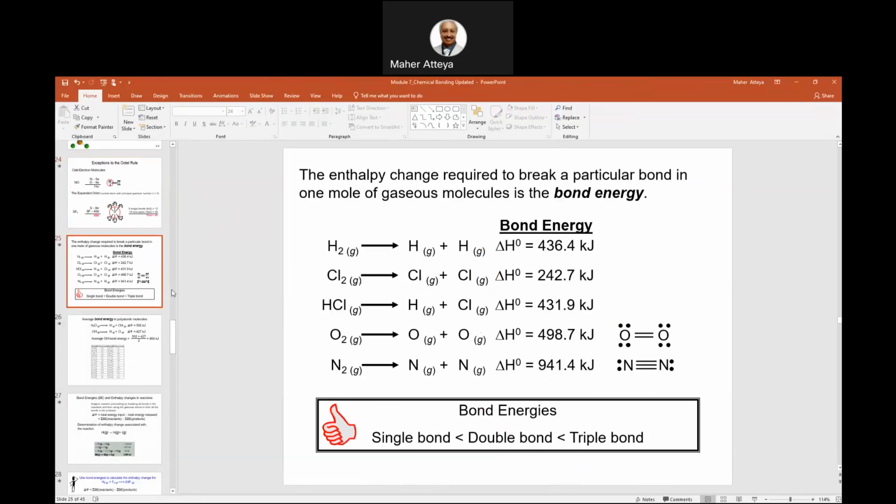So now the last topic in this chapter is the enthalpy change required to break a particular bond, the bond energy. If I have a molecule and I want to break it in pieces, I have to put energy inside, correct? So is this exothermic or endothermic?